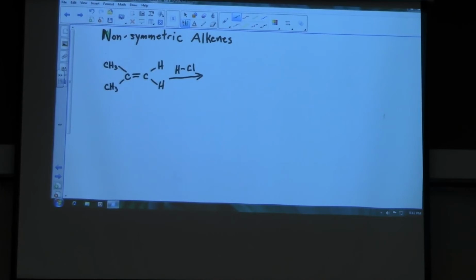Okay, what are the two possible products that could form? Okay, I'll start drawing them here. You start drawing them in your book.